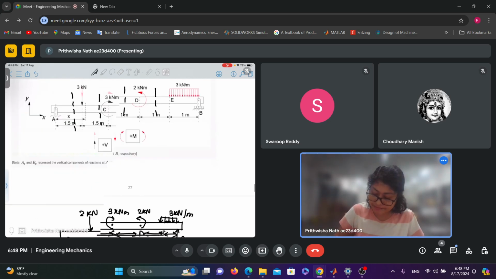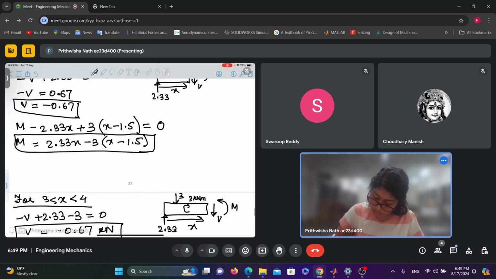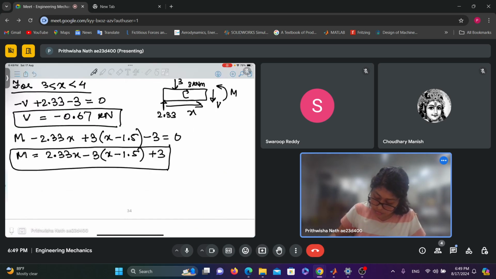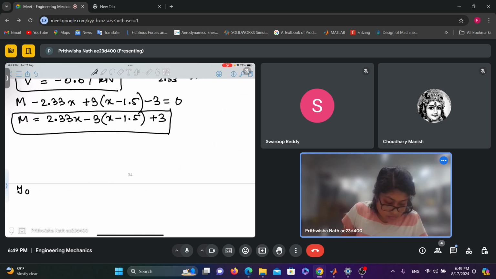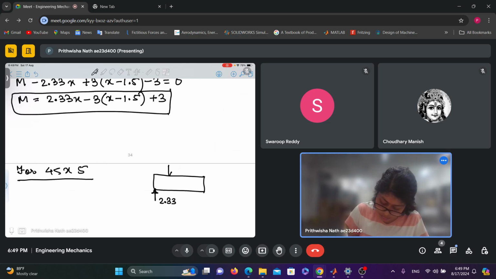In this section, this is 3 kilonewton meter, and an anti-clockwise moment is acting, which is 2 kilonewton meter.